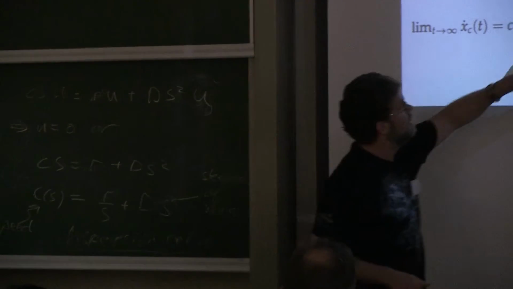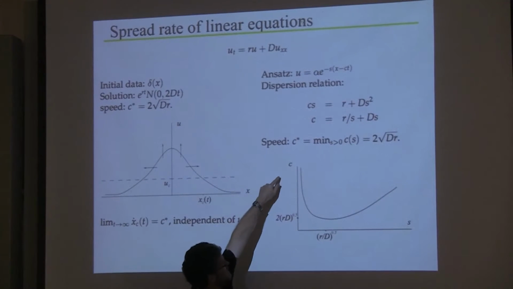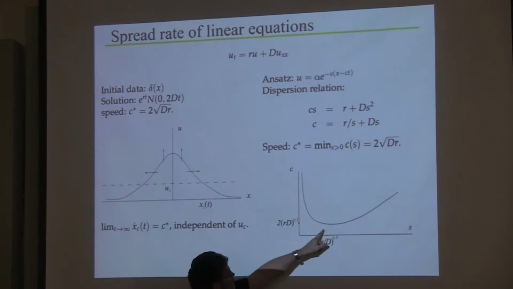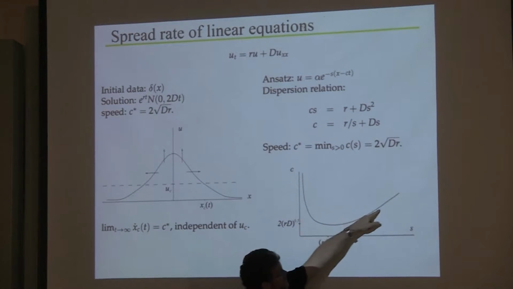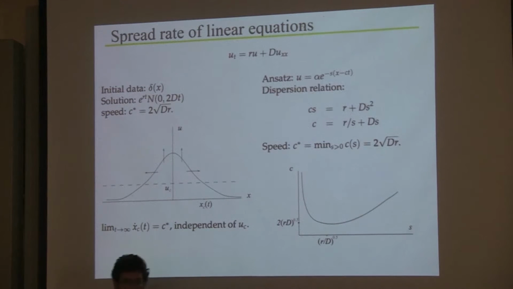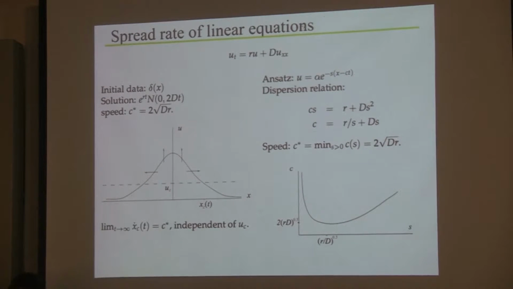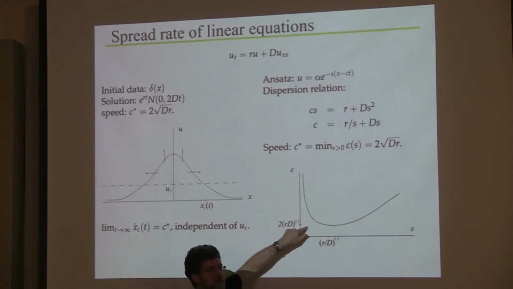And so if we plot that c function, with c here and s here, as s gets small, it's going to blow up, and as s gets large, it's going to grow linearly, and there'll be a minimum here. It turns out that this speed c star, this spreading speed or traveling wave speed, is the minimum that this dispersion relation gets.